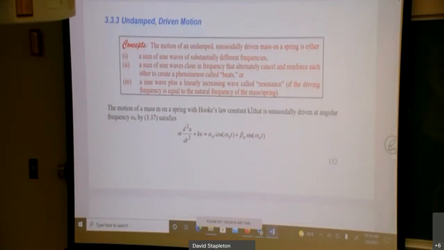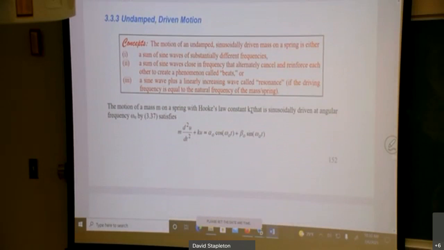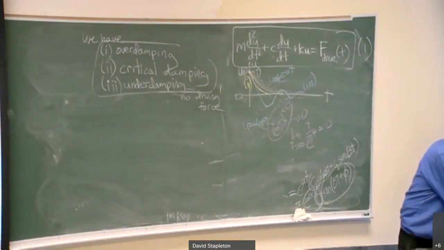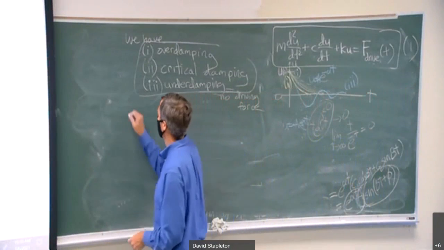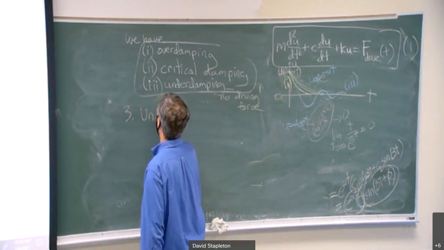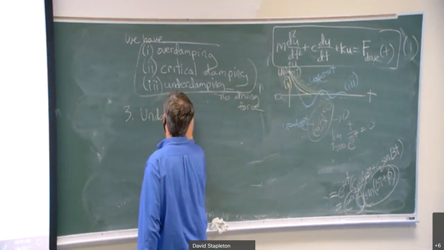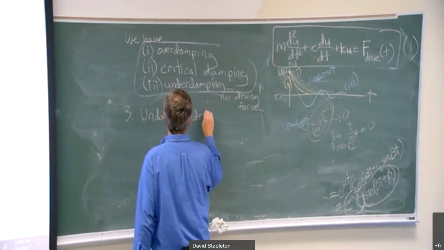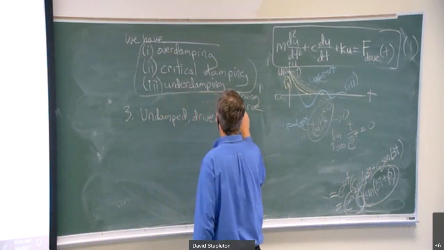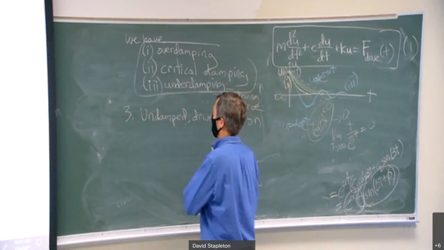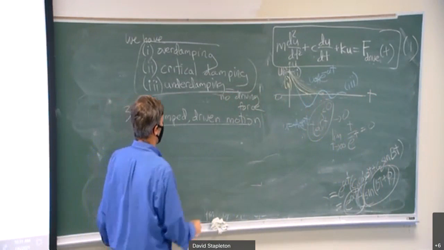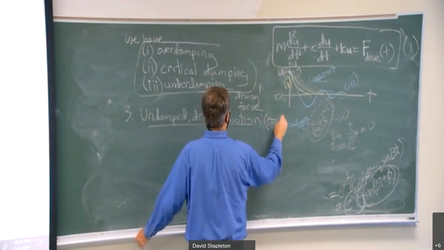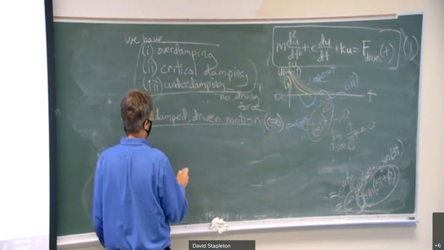Now we want to move on to the third case, undamped driven motion. Suppose now there's a driving force, but no damping. For this one, you take that first equation and you put C equals 0, the damping coefficient, because there's no damper.